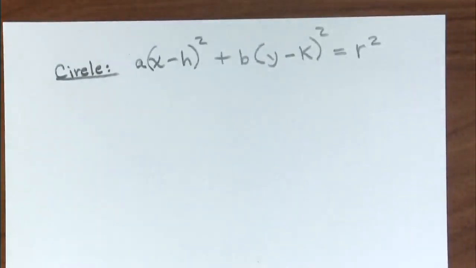H and K is just where the center is. I mean, like a real basic circle that's positioned right at the origin. H and K is just the center. That's a circle that they've either shifted this way, or up and down.